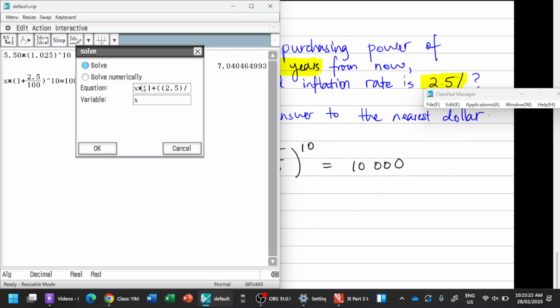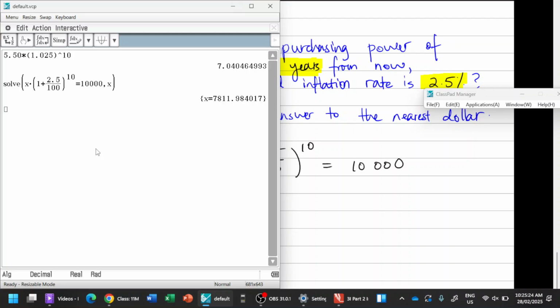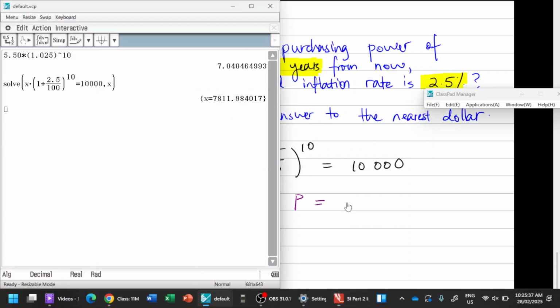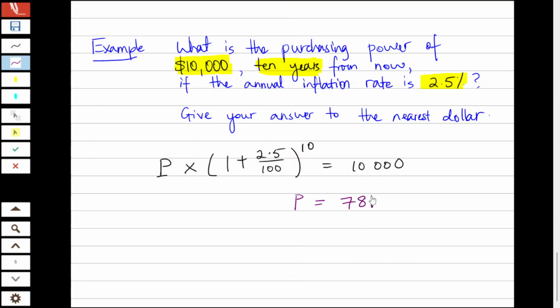That's why I used x. And there's our answer: 7,811.98. And if we round to the nearest dollar, it's 7812.